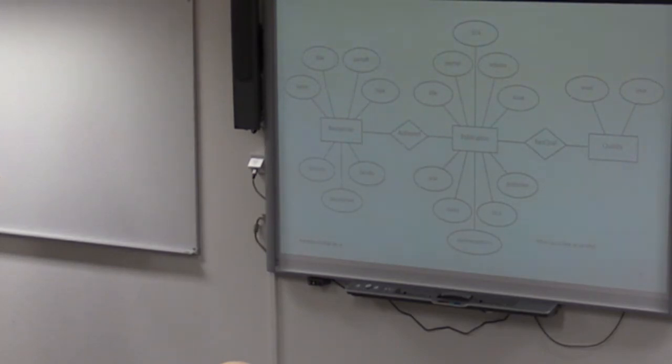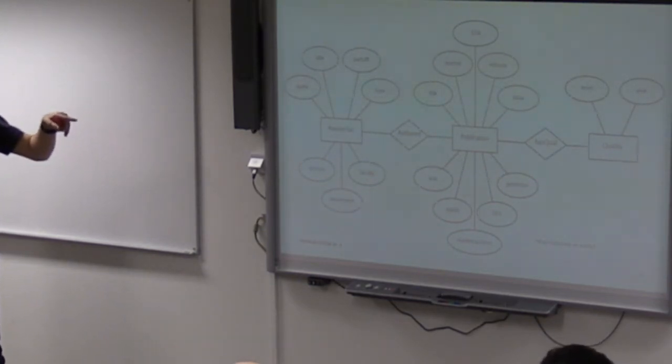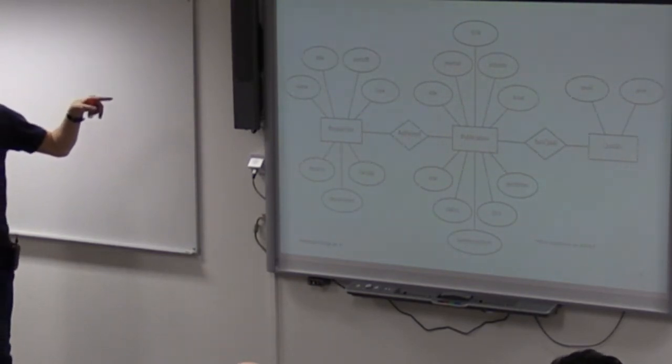It's probably not going to be good enough in the end, but when modeling that researcher entity, we're going to select the name as the attribute that uniquely identifies a researcher.